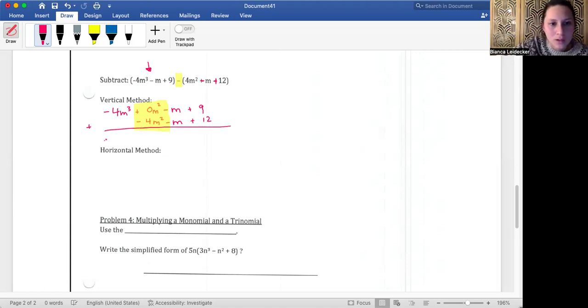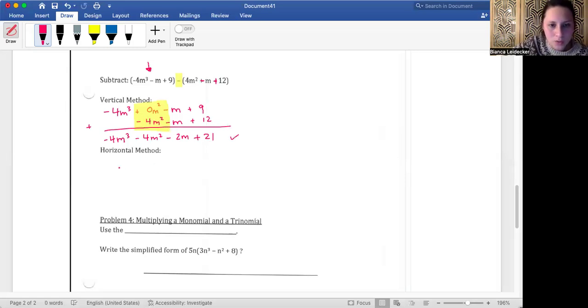Okay, now I have negative 4m to the third power, negative 4m to the second, negative 2m, because negative 1 plus negative 1 is negative 2, plus 21. Okay, this should be your answer.